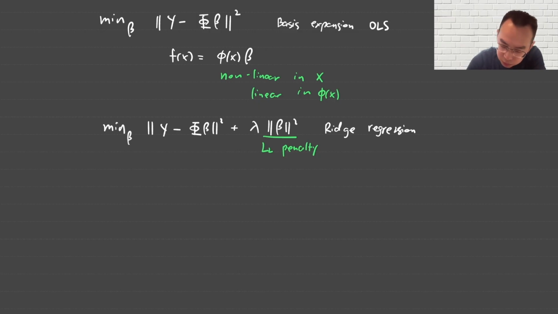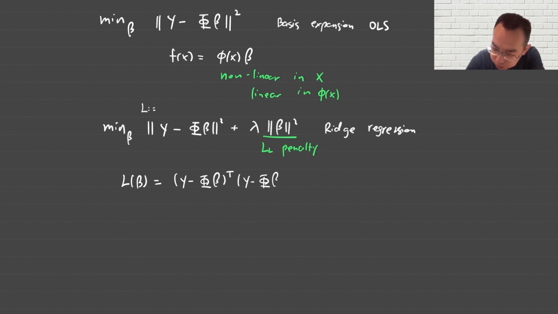Let's call this function L. So let's define this as function L, and then we just take the gradient with respect to beta. And then let me just write out the matrix multiplication form. That's easier to deal with. So L(beta) equals (y minus Phi beta) transpose (y minus Phi beta) plus lambda beta transpose beta.